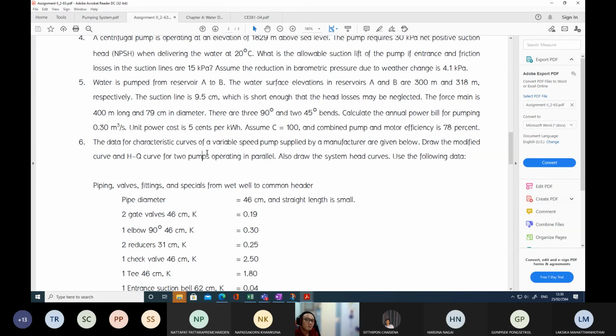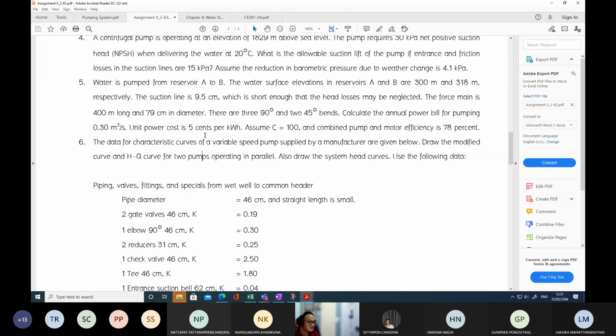If the pump is operated 24 hours every day, 365 days a year, it doesn't matter, because this one is per hour. So how many hours in a year, you just multiply. This one is also per kilowatt. Based on this information, I think you can find the annual power bill.